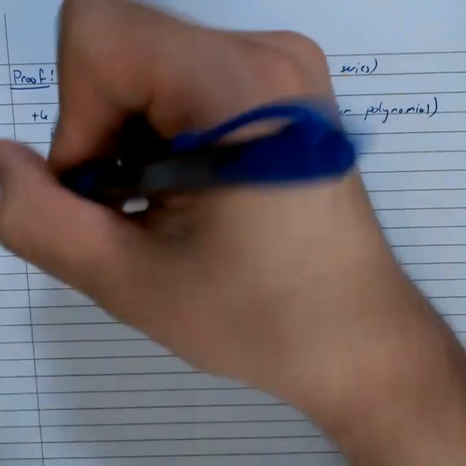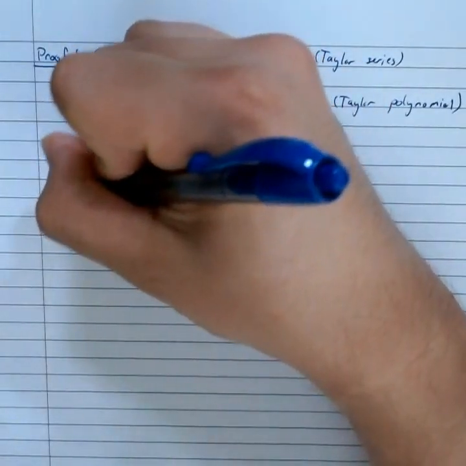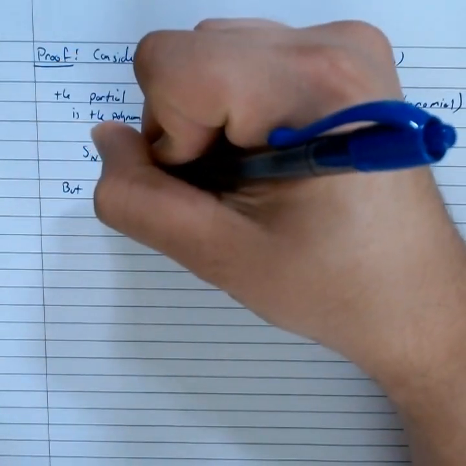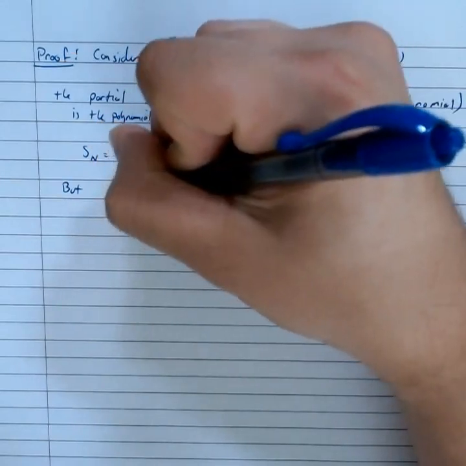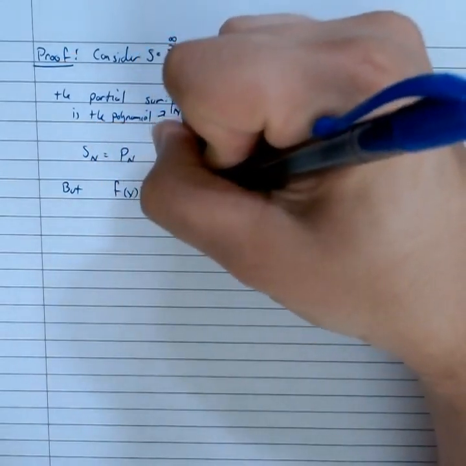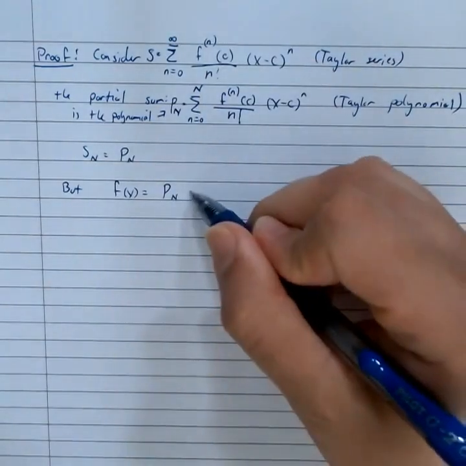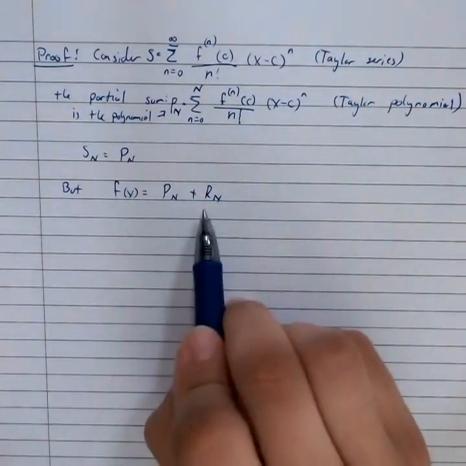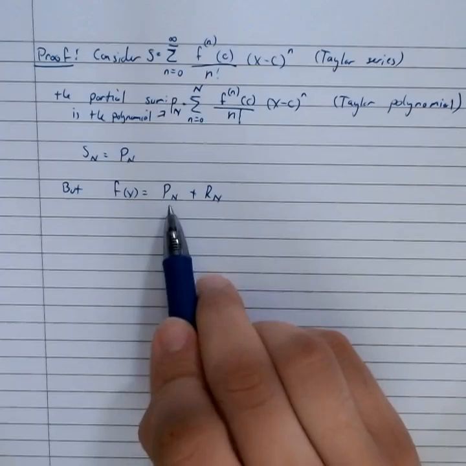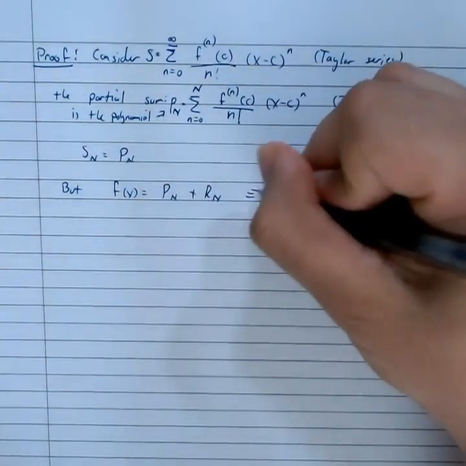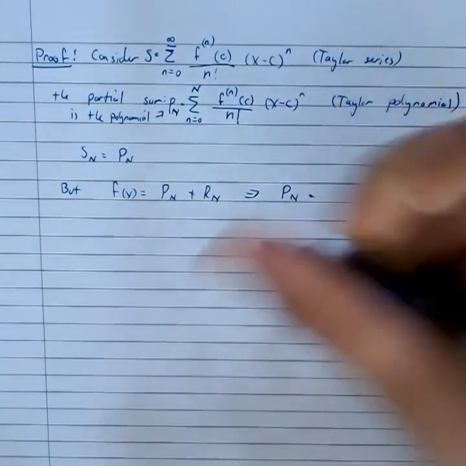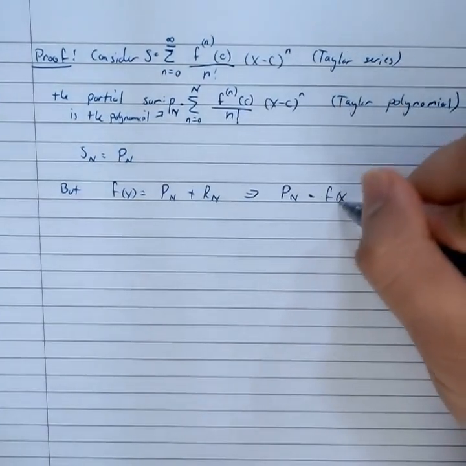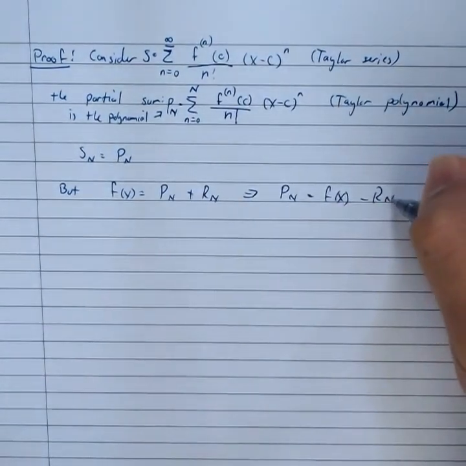Okay, but we also know that the function f of x is equal to the Taylor polynomial plus some remainder. Well then that means that if I subtract this over this way, the Taylor polynomial P n is going to equal f of x minus that remainder.